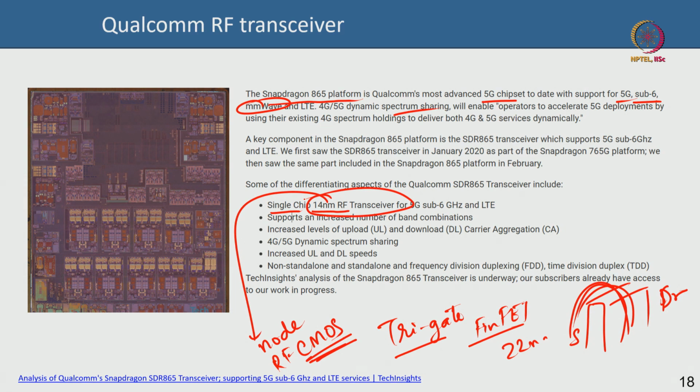Now, here is one thing you have to keep in mind, these 14 nanometer, 22 nanometer nodes are actually optimized, developed for digital processing applications, maybe memory, logic. Those are the most dominant pressing applications, the digital logic of course. RF designers also use that platform to design an RF transceiver.